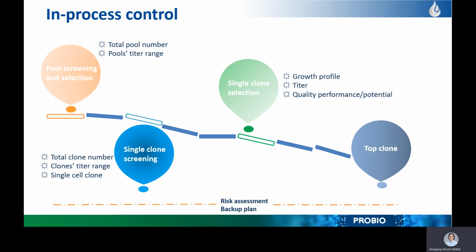At this stage, for clone evaluation, what needs to be controlled is whether the growth profile, expression level, and the key quality indicators of each clone meet the requirements. And for risk control, we need to set up a backup plan from a technical point of view.